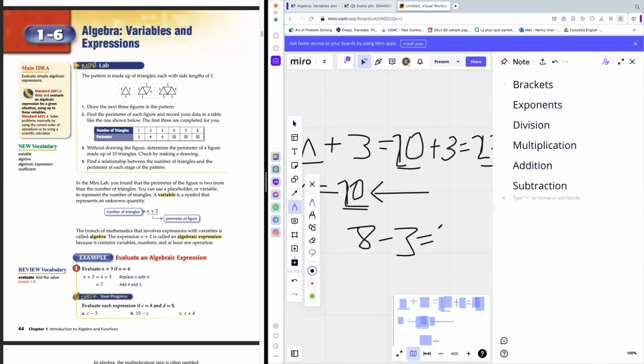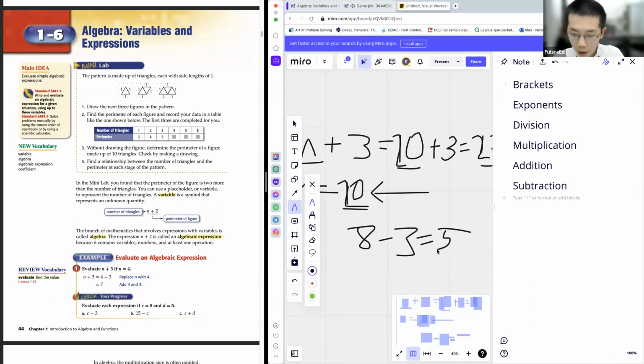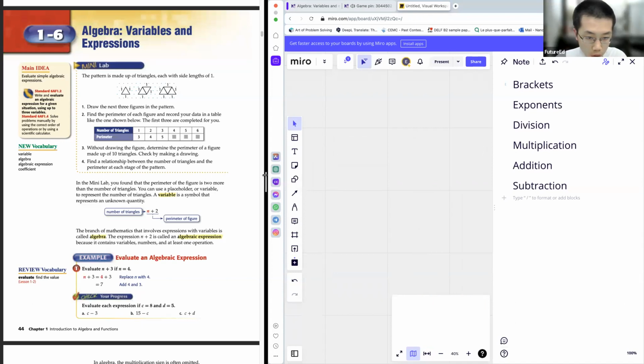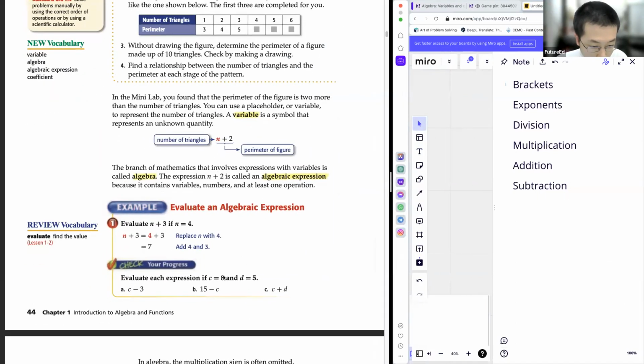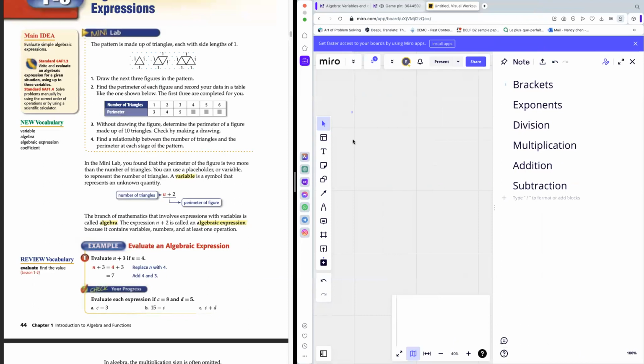Okay, so can I have another volunteer who would like to do B? 15 minus c if c is equal to 8? Okay, Ray, go ahead. So I'm doing B, right?